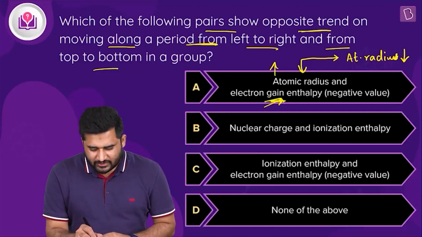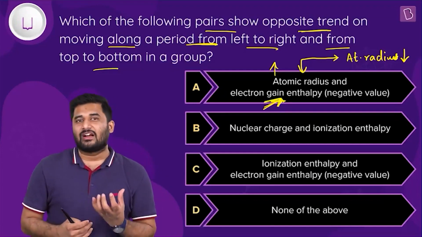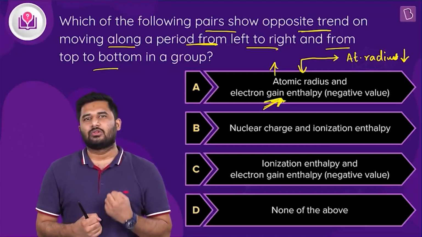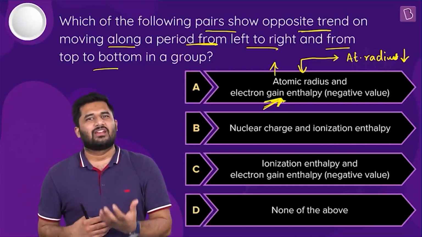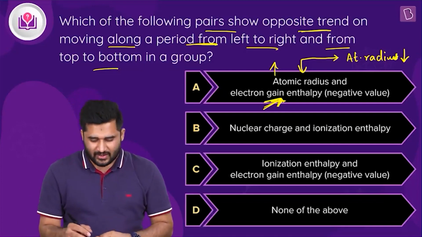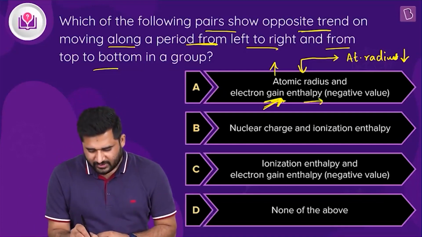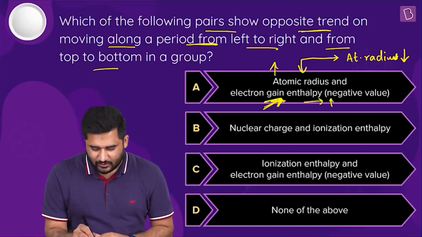So the more the Z effective, the more will be the attraction force that the nucleus exerts on the incoming electron, and thereby the more negative will be the electron gain enthalpy. Hence along the period this negative value increases.